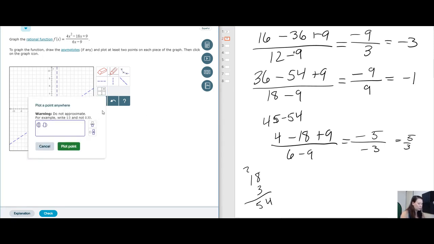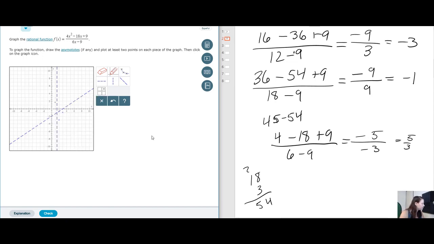So we plugged in 1 and we got out 5/3. Then if we plug in 0, we get 0, 0, 9 over 0, -9, so -1. So 0, -1 is right there. That's 2 points on each side.